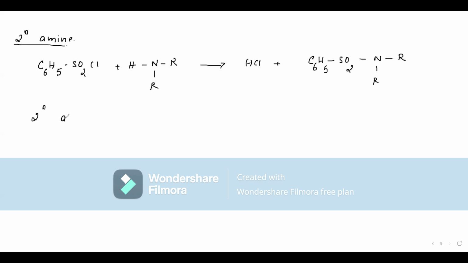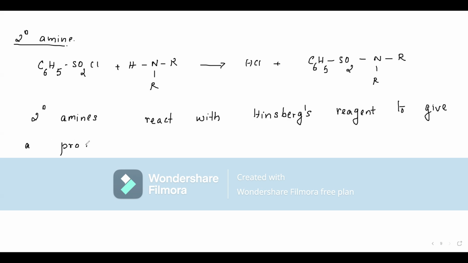So, secondary amines react with Hinsberg's reagent to give a product. What is the name of the product?